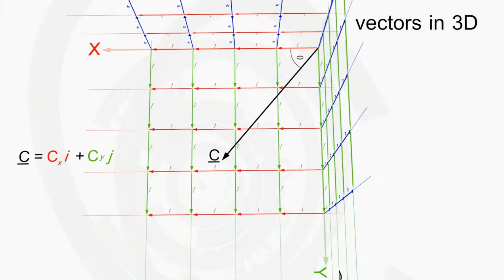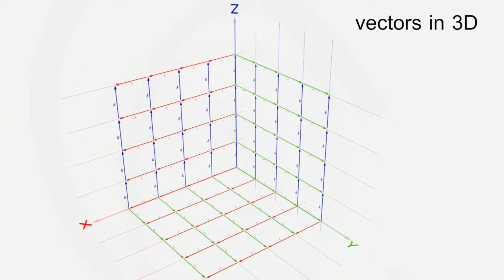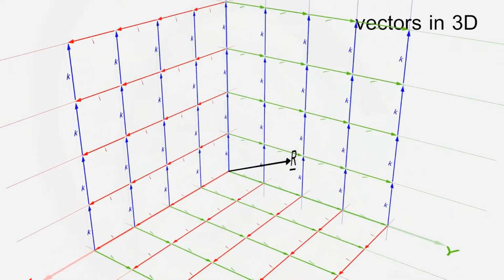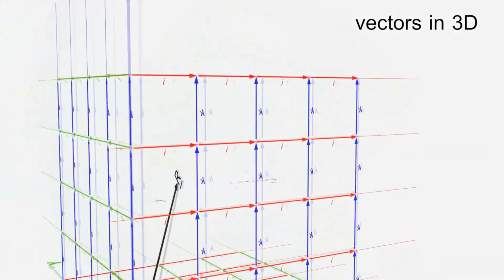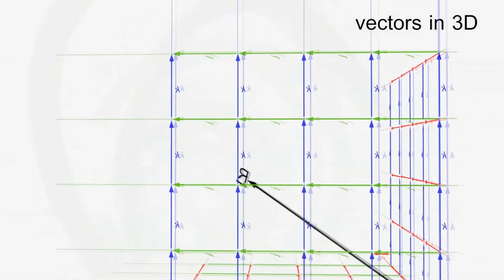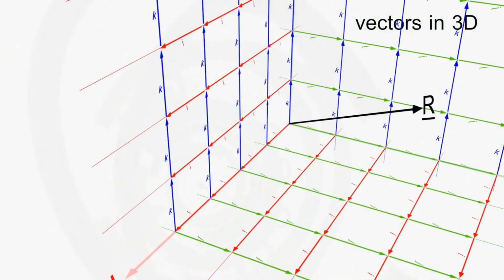A vector that resides in the xy plane will only have red and green components. In general, 3D vectors will have all components: blue, red, and green.